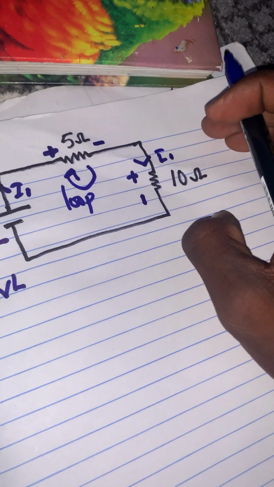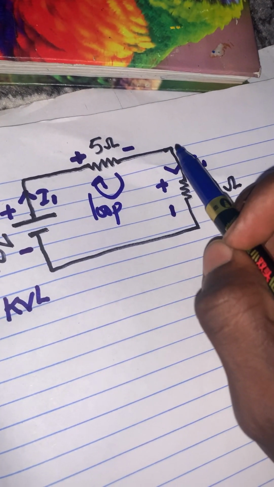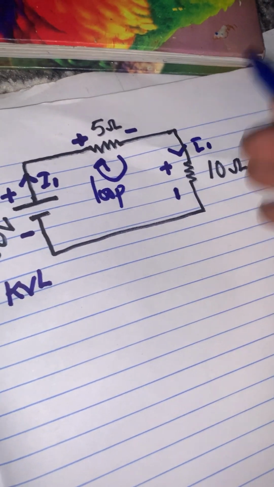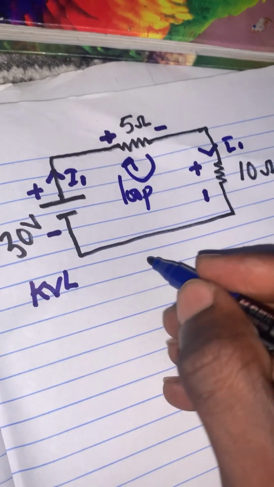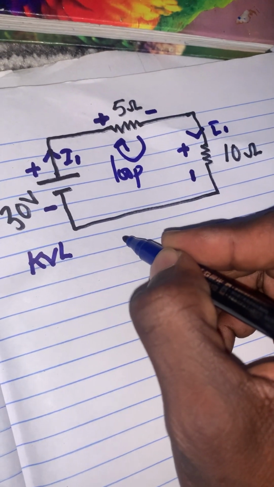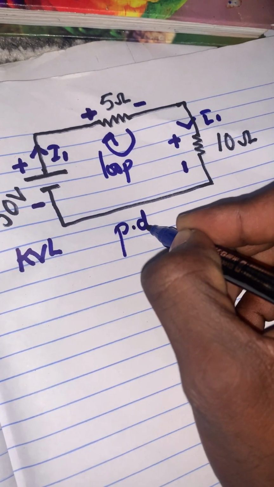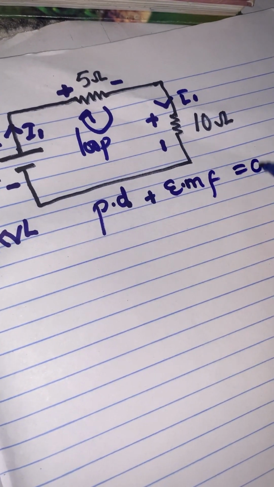There is no other loop where this current I1 will split into two or more. So we use Kirchhoff's voltage law. And remember, Kirchhoff's voltage law says the potential drops or potential differences plus the electromotive force equal 0.